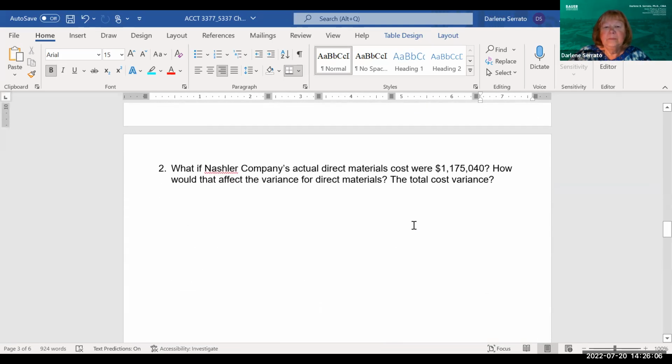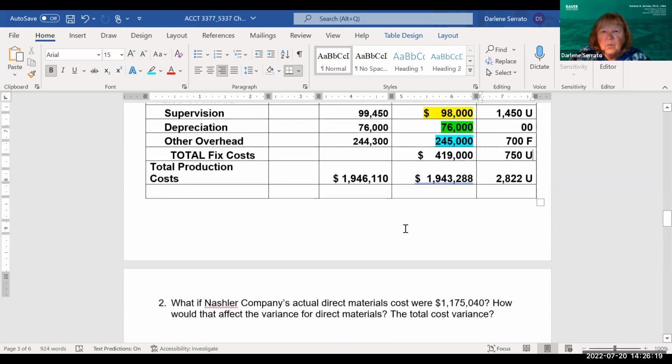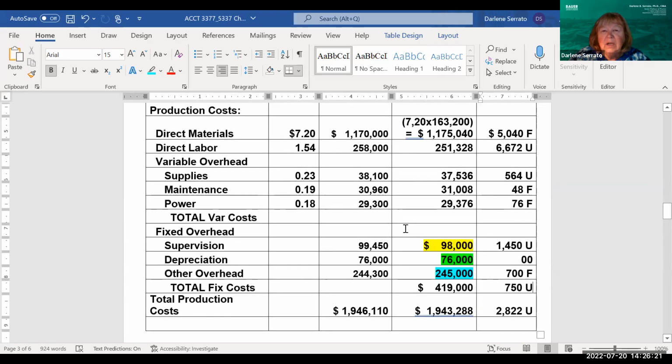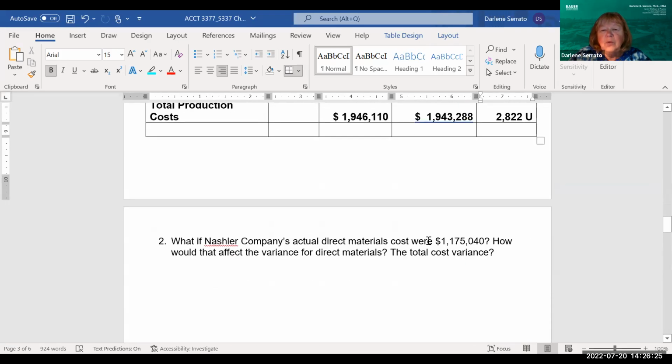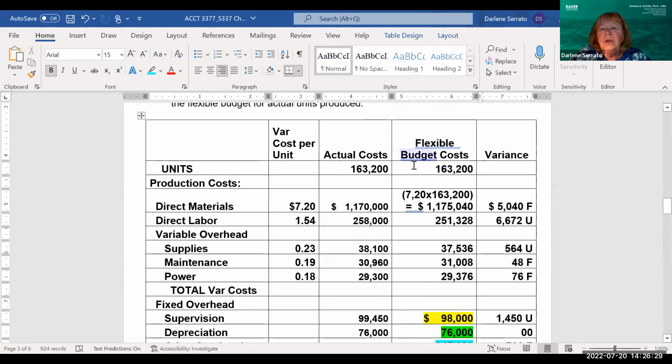Okay. So if actual direct materials were 1,175.40, how would that affect 1,175.40? If actual were that cost, then that would be no variance at all. It would be the same.